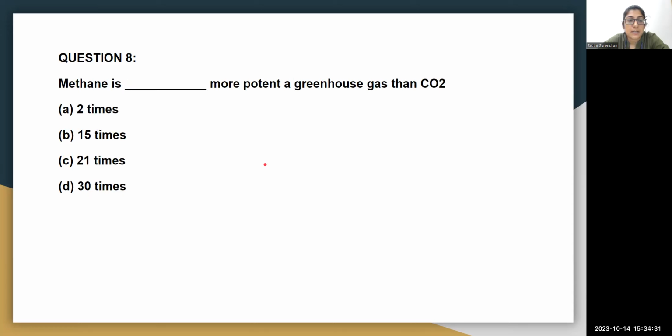How many times more potent is methane gas than carbon dioxide, is the question. Methane is dash times more potent a greenhouse gas than carbon dioxide.